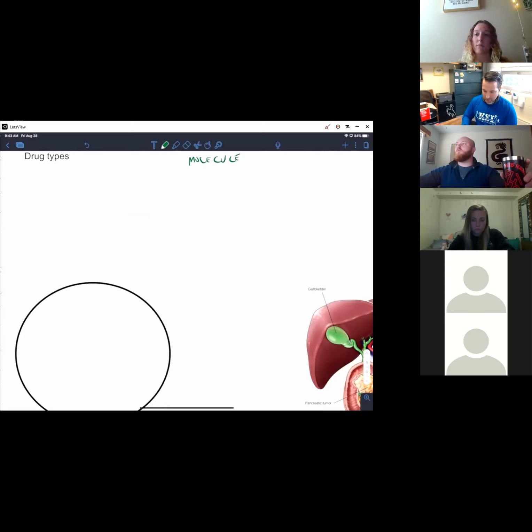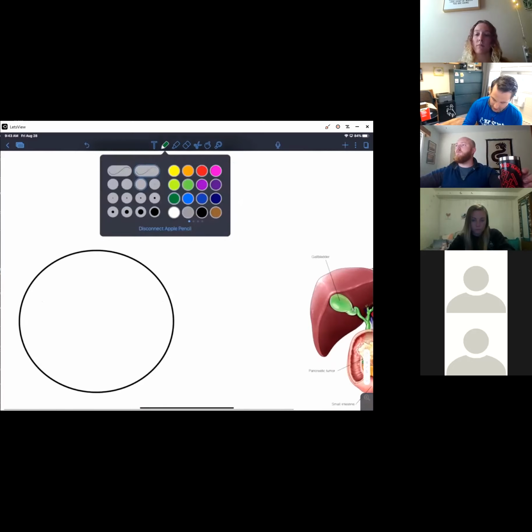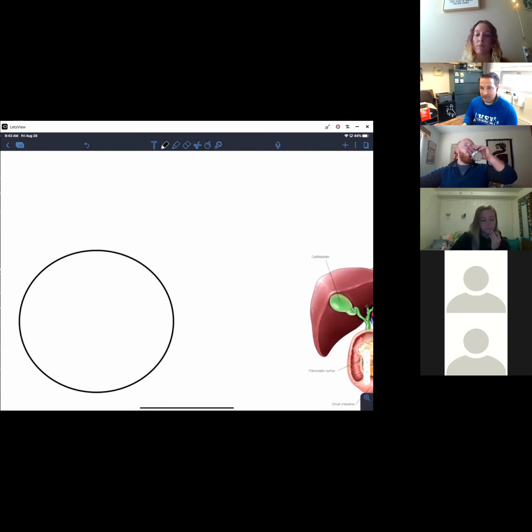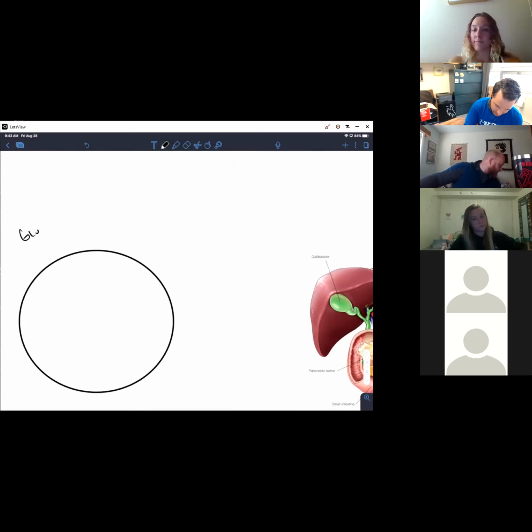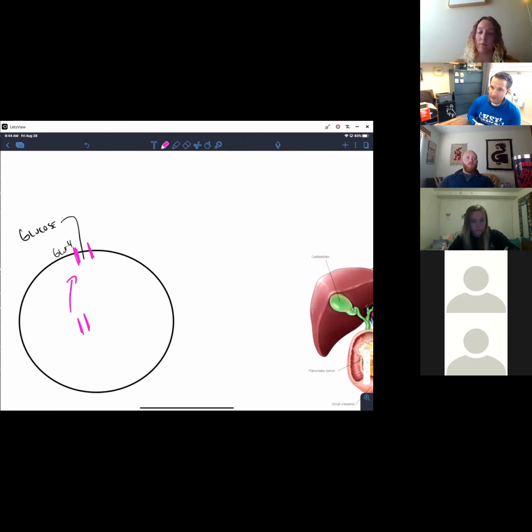But let's think about a super general pathway that hopefully, if you took exercise physiology with me or with Dr. Schmidt, you will have gone through. Glucose. We want to get glucose into the cell through our GLUT4 transporter. Right there. Okay. And in order to get that GLUT4 transporter, which we'll do in pink here, to get to the cell surface, we need to release that vesicle.